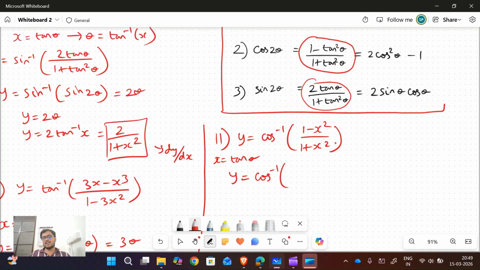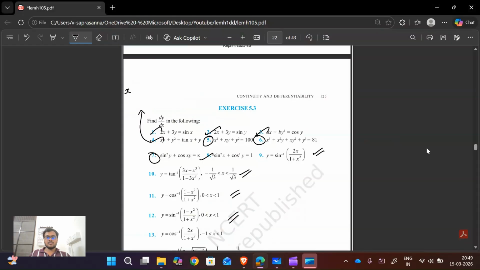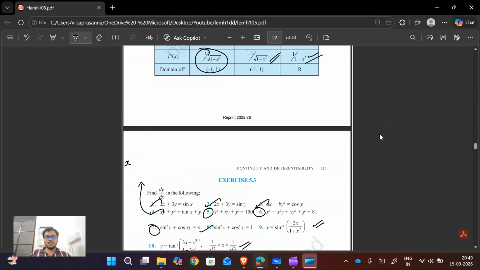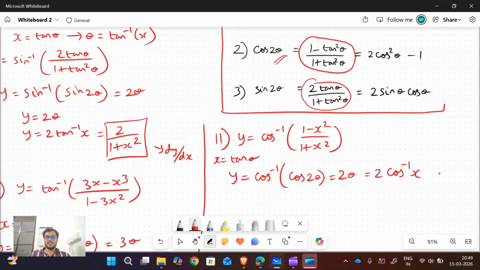So when you put 1 minus tan square theta by 1 plus tan square theta, you get cos 2 theta. So this is direct. So you get cos 2 theta, nothing but 2 theta. So it will be 2 cos inverse of x. Okay. So what is cos inverse's derivative formula? Minus 1 by root of 1 minus x square. So this will be minus 2 by root of 1 minus x square.